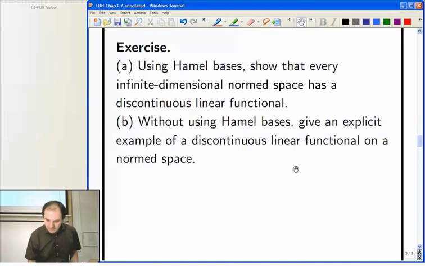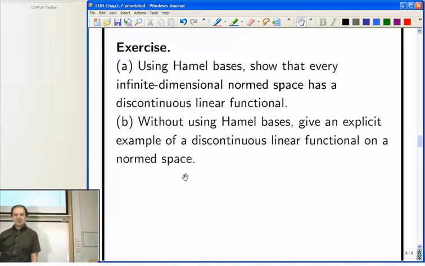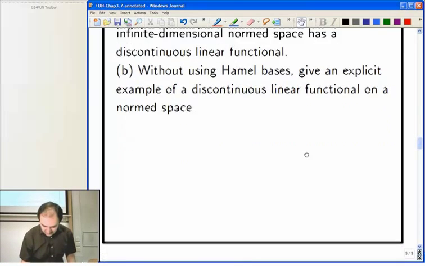But although you're never going to find an explicit discontinuous linear functional defined on a Banach space, you can find explicit discontinuous linear functionals defined on norm spaces without using Hamel bases, and you can do that using our favourite C00 space.